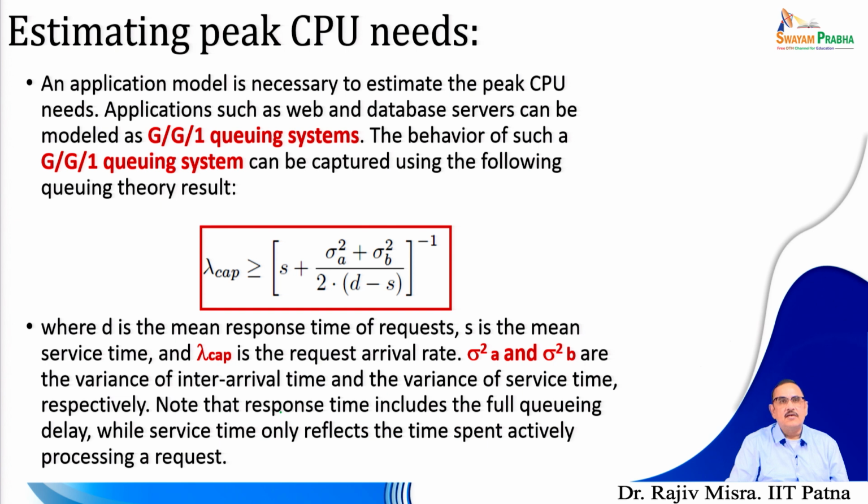Applications such as web servers and database servers can be modeled as a queuing system, and the behavior of such a queuing system can be captured using the following theory, where D is the mean response time of the request, S is the mean service time, and lambda cap is the request arrival rate, and sigma squared A and sigma squared B are the variance of inter arrival time and the variance of service time respectively.